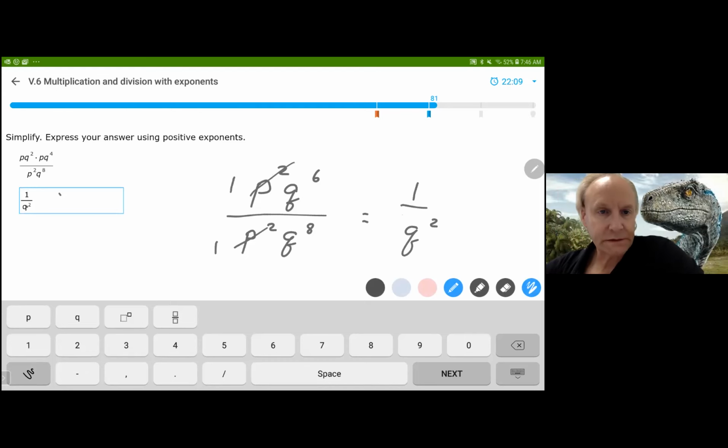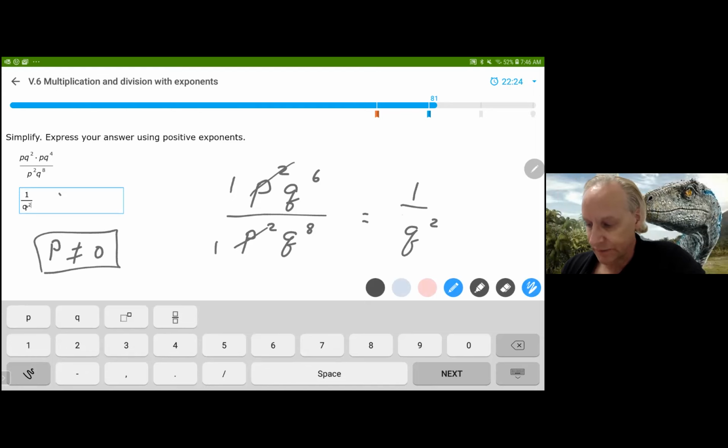One of the things you want to keep in mind is that later on in mathematics, it's really important that when you cancel out things like this, you have to put in this little comment that p can never be equal to 0. Also q, of course, because q is in the denominator. So we would normally put p and q not equal to 0, because the p's have disappeared from the expression.